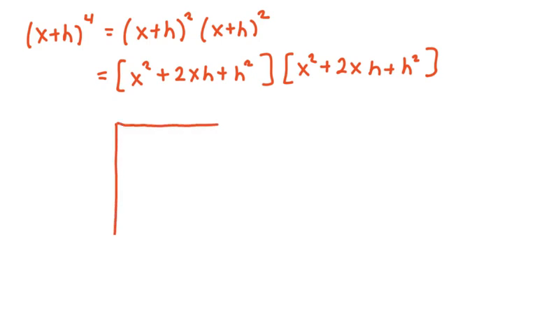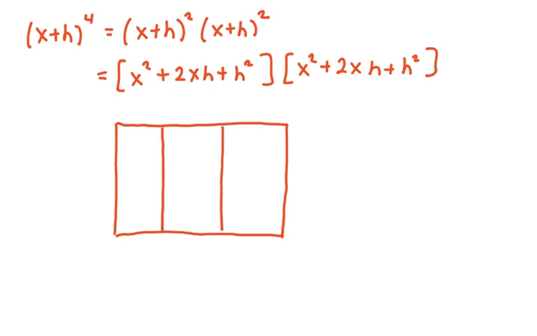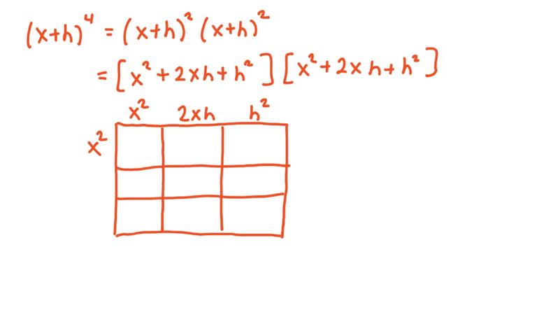I'll show you kind of a slick way we can multiply polynomials. So I'm going to draw a little rectangle. And I'm going to divide it up into 3 sections here, straight up and down, and then 3 sections here. Okay? I'm going to put x squared, 2xh, and h squared across the top, and x squared, 2xh, and h squared across the bottom.